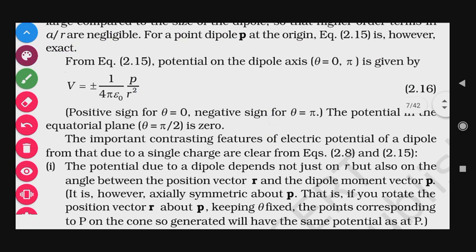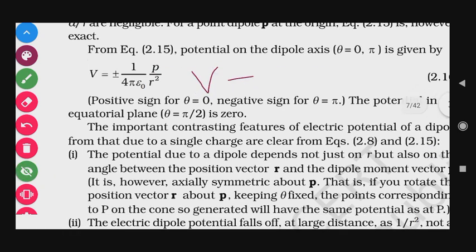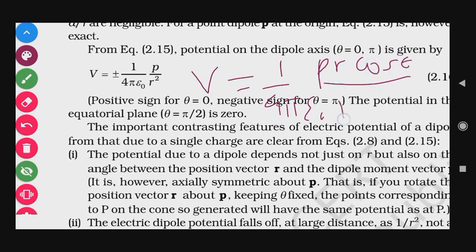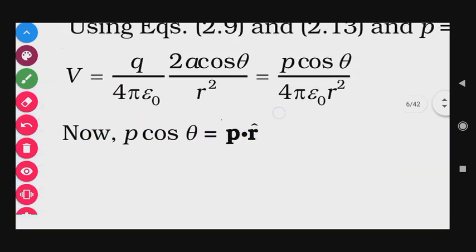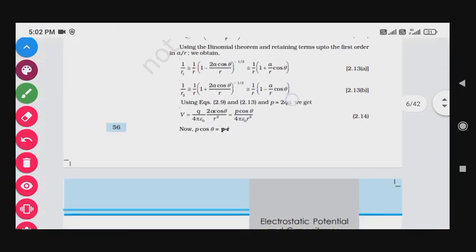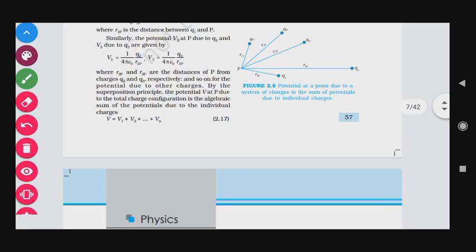From equation 2.15, the potential on a dipole axis is given by, you see, it also depends on, the equation 1 upon 4 pi epsilon naught P R cos theta by R square. This was the equation above: P cos theta by 4 pi R square epsilon naught.